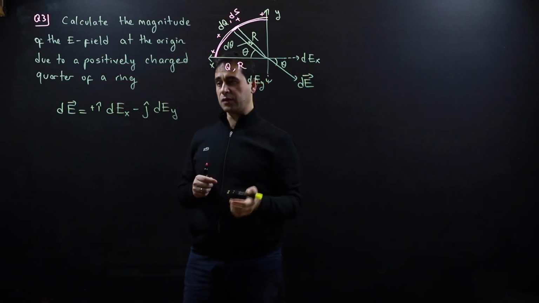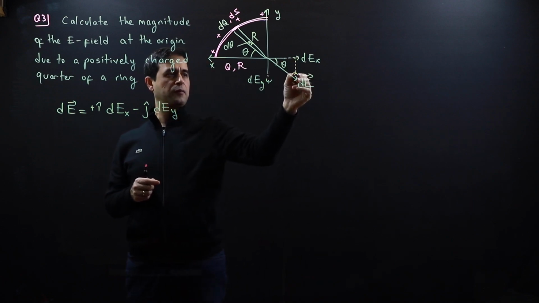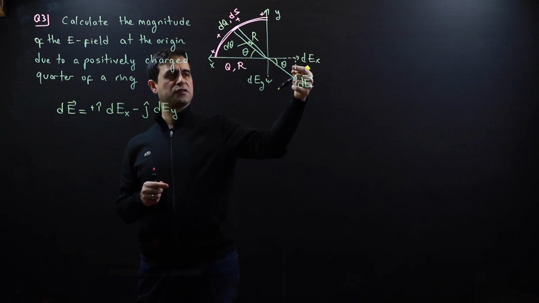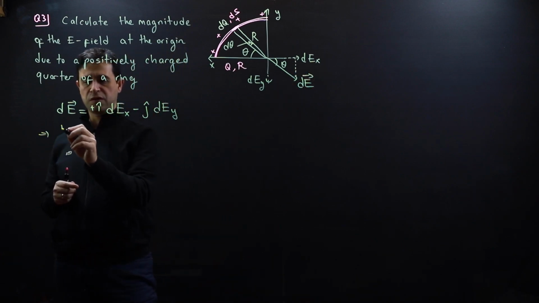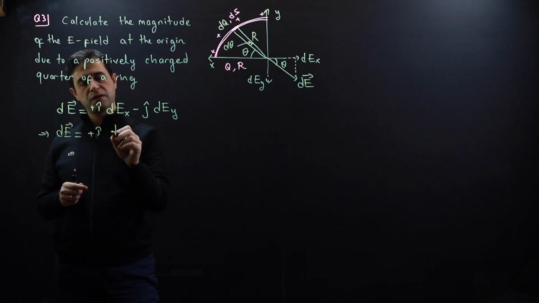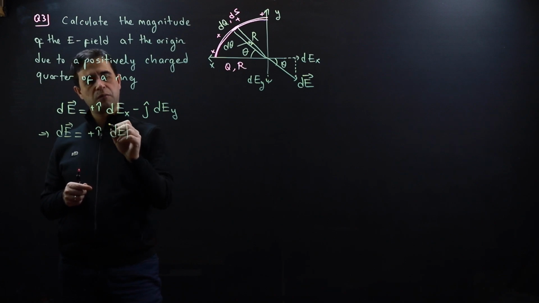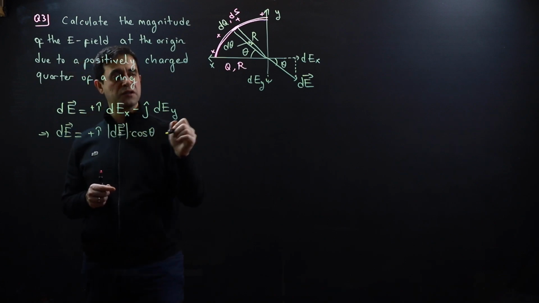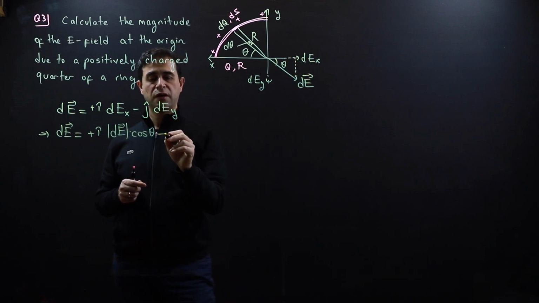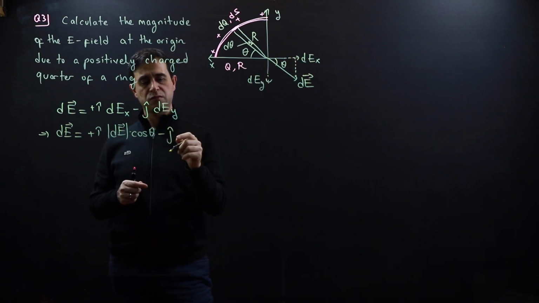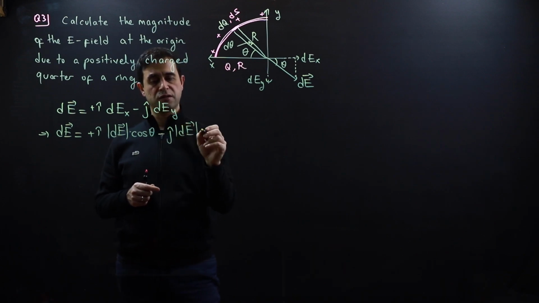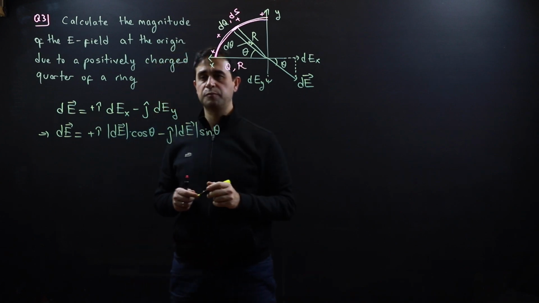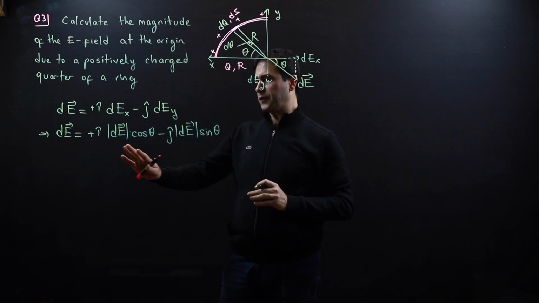And due to the geometry that you can see, if I make this a triangle, the adjacent one is the cosine one, and that's dEx. So that's why dE vector is equal to plus i hat, the magnitude of the vector, multiplied by the cosine of the angle. For the x component, it's the adjacent one. And the other one is pointing down, that's why again minus j hat. And dEy is the other component, and that's the opposite side, and that's why it is sine of the angle theta. Okay, so that's that.